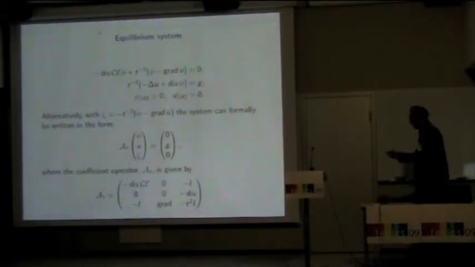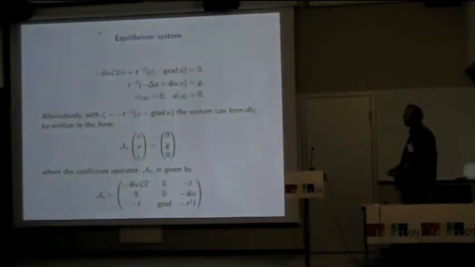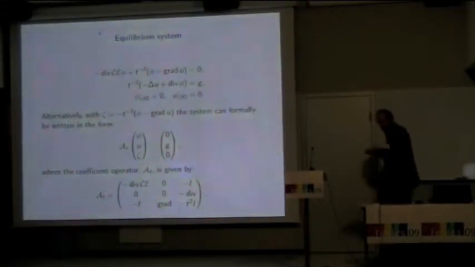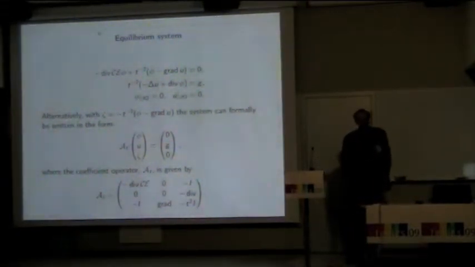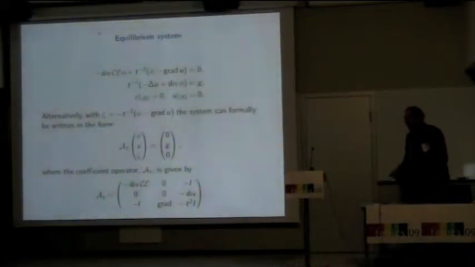I don't want to go through all the details. It's more the kind of structure that is involved. So you see, as you look at this system, the operator typically depends on this small parameter. And even the problem will change form, change type, excuse me, as t tends to 0. It will naturally go from one type of problem to another.